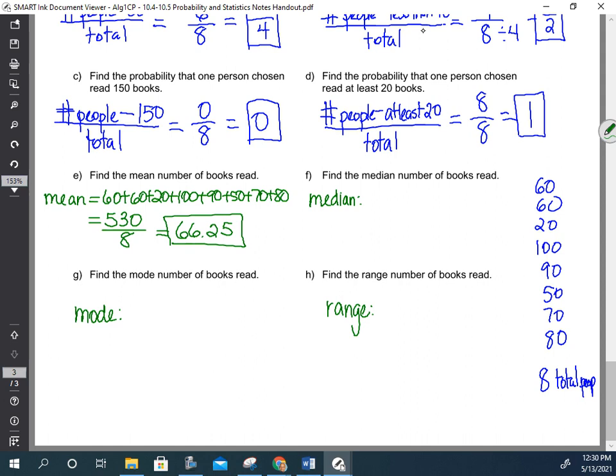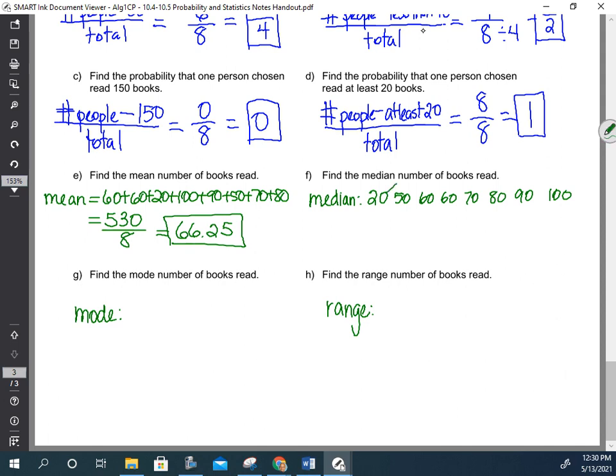All right, so median. You better put these numbers in order first. So it's 20, 50, 60, 60, 70, 80, 90, 100.